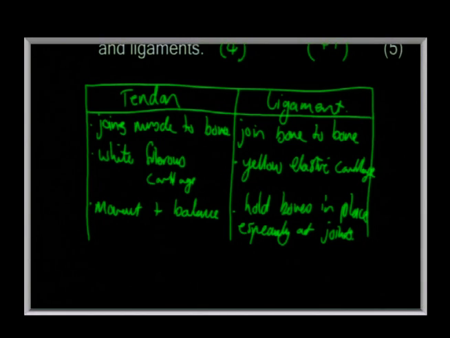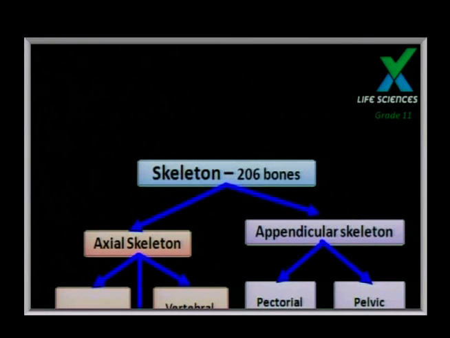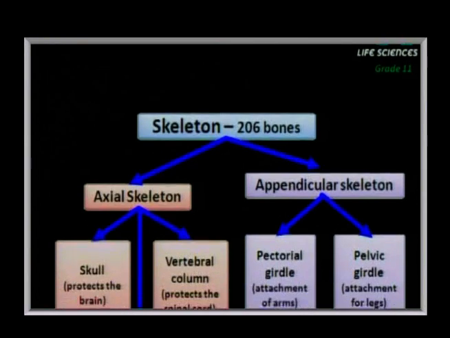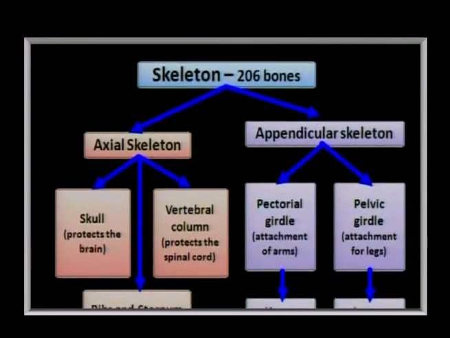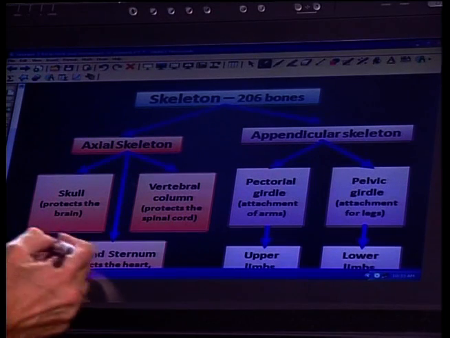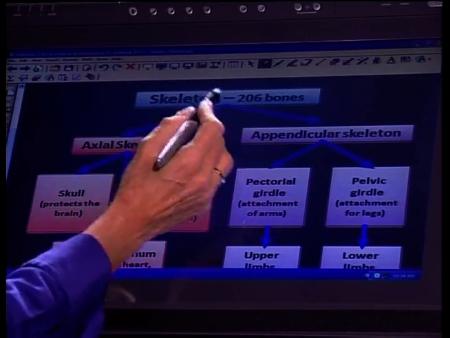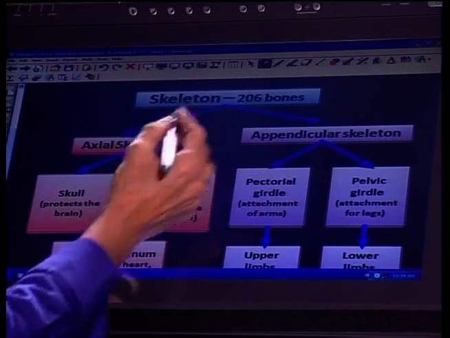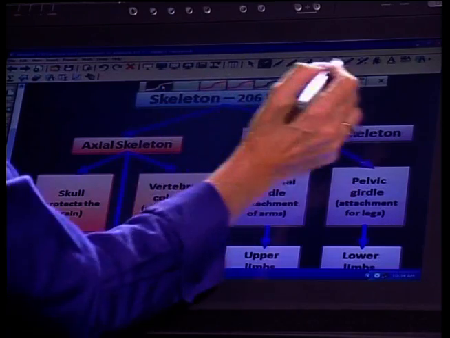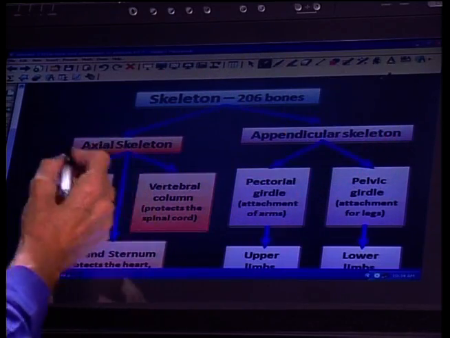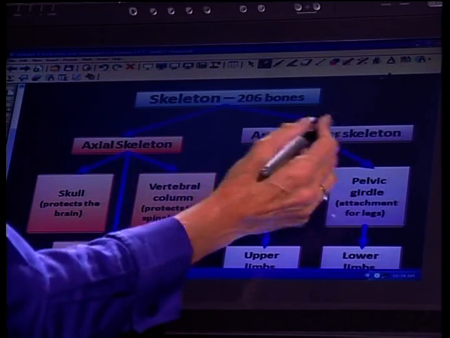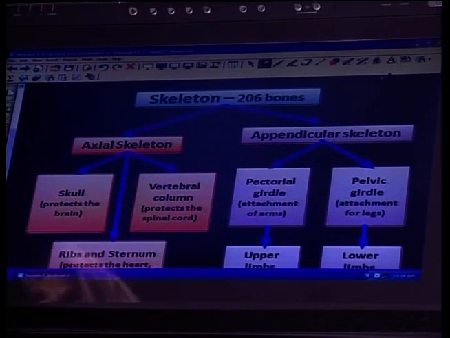All right, now, here we get to the nitty-gritty of this whole process. We look at the skeleton. Now, the skeleton is made of approximately 206 bones. I'm going to just change my pen here to a different color. We have the axial skeleton and the appendicular skeleton. Now, what are these 2 things?